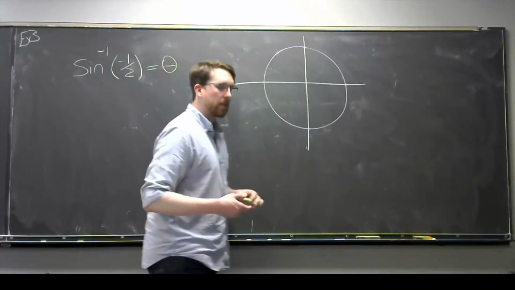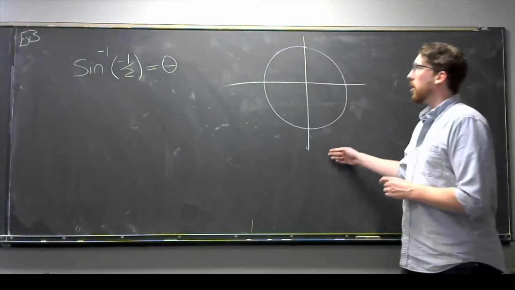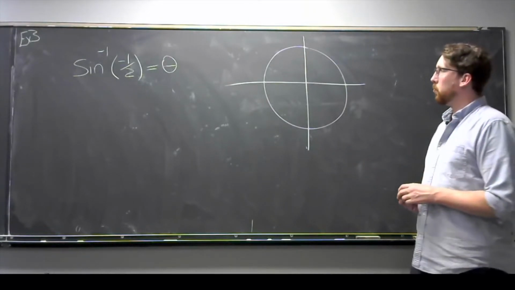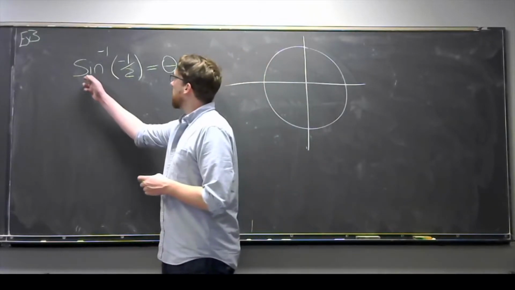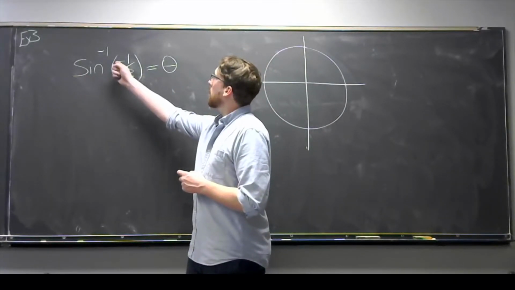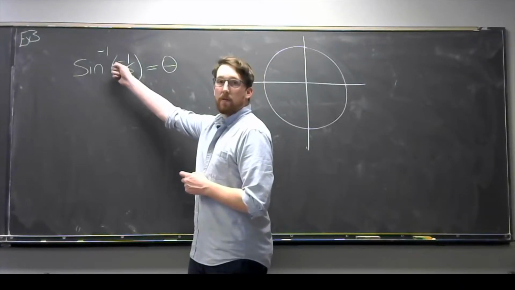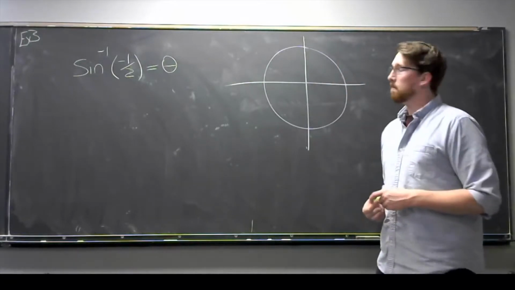So as a way of addressing those questions in advance, I hope, I thought we'd try one more example. In this last example, we want to find the arc sine of negative 1/2.